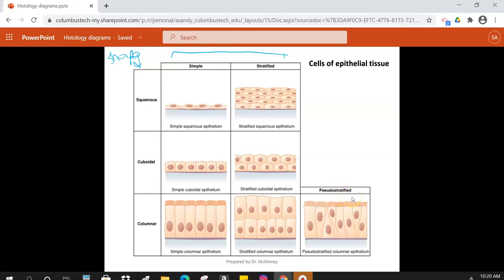So pseudostratified, which was the only one we didn't really see on the previous slide, looks like there are different layers because the nuclei are staggered. But if you take one cell and follow the apical surface all the way to the basal surface, you will see that there's only one cell layer there. So that's why it's pseudostratified. Pseudo means false. So it looks like it's stratified, but it's not.